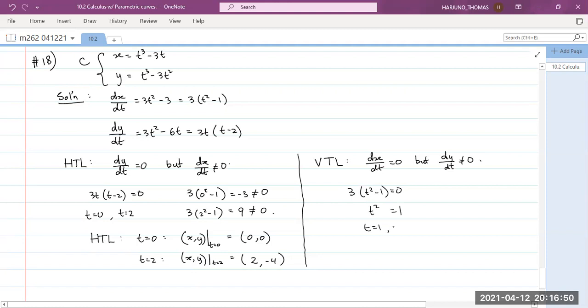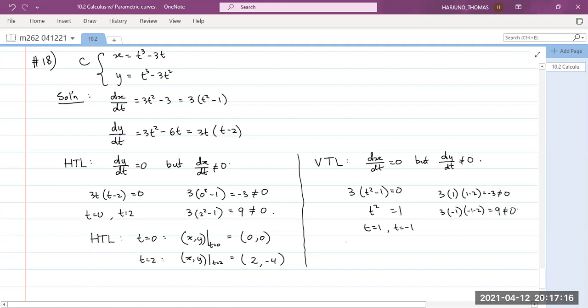T is 1 or negative 1. I'll check with the dy dt. 3 times 1 times 1 minus 2, that's negative 3, that's not 0. 3 times negative 1, negative 1 minus 2, that's 9.